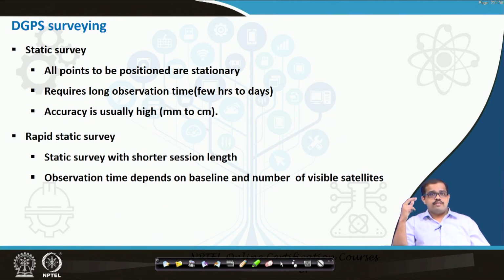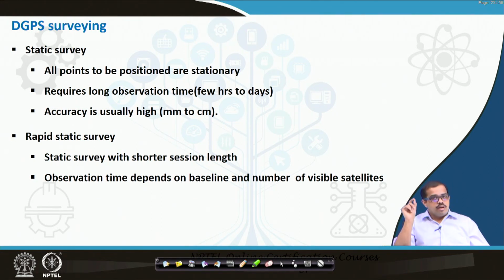But there is another survey which is called a rapid static survey, which is a static survey with a shorter session length. This induces certain errors into your system, and because of this it is not extremely accurate in terms of the accuracy that is needed. The observation time depends on the baseline and the number of visible satellites in these stations.